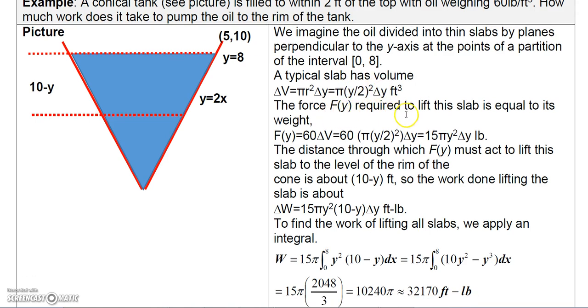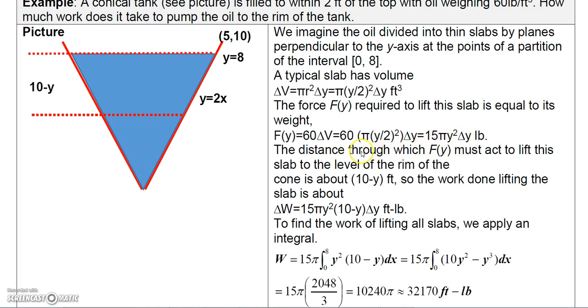Then the force required to lift the slab is equal to its weight. So the force in terms of y would be, remember the oil weighs 60 pounds per cubic foot, and now what's the volume of the oil? I actually found the volume up here, which is pi times y squared over 4 times delta y. So multiply 60 times the volume, and if you multiply that out, you get 15 pi y squared delta y pounds.